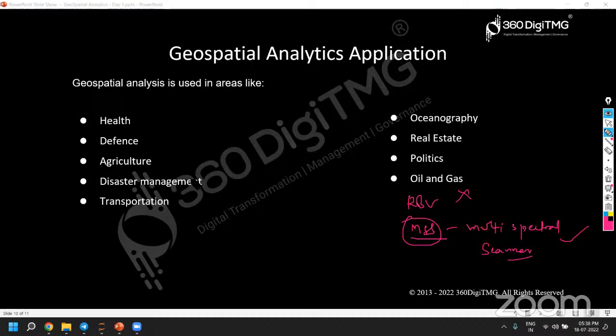And yes, there's this specific case. When image data from satellites were analyzed, it was understood what kind of area is molded, what kind of area is wetland, where you have water, all those things.